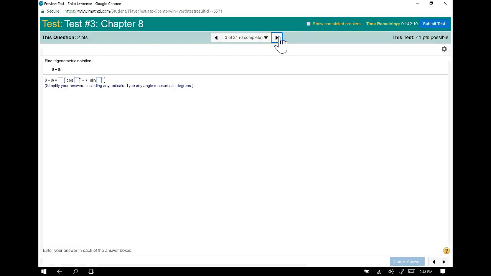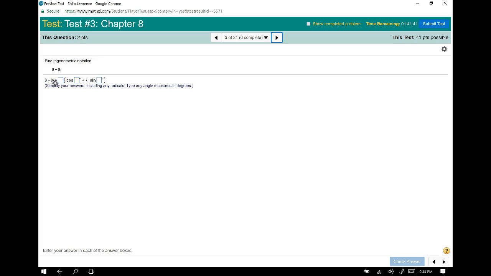The next problem asks for trig notation. I talked about trig notation just a minute ago. One thing I do want to point out on this one, when you decide your x's and your y's, it's normal for there to be a plus there. So make sure that when you assign your x's and your y's, you're saying your y is -8. And when we plot that point, if x is +8 and y is -8, you also need to think about what quadrant that point would be.